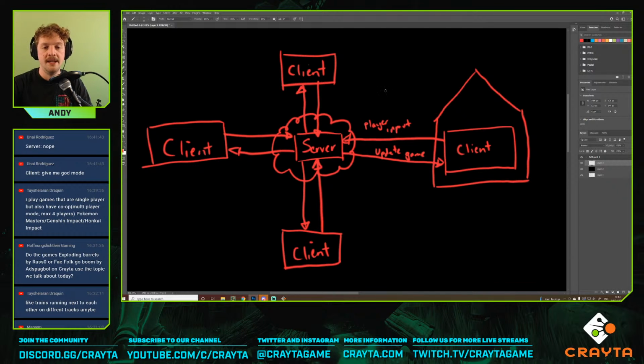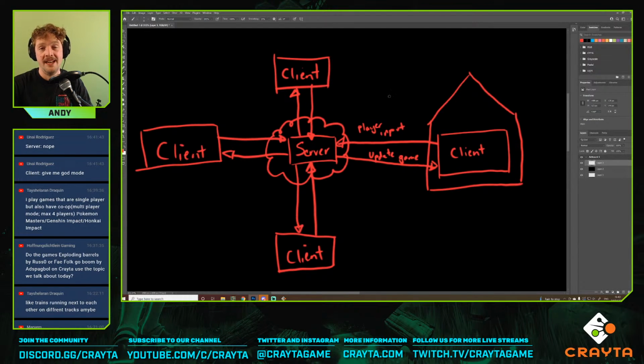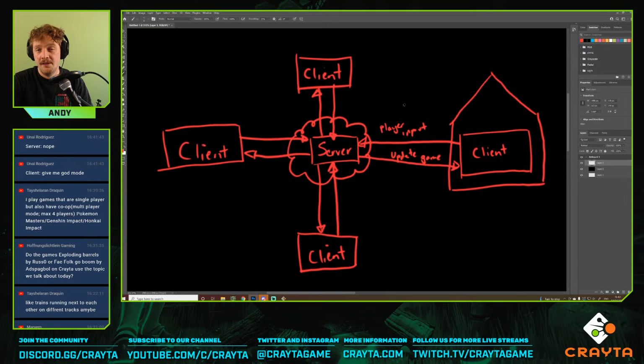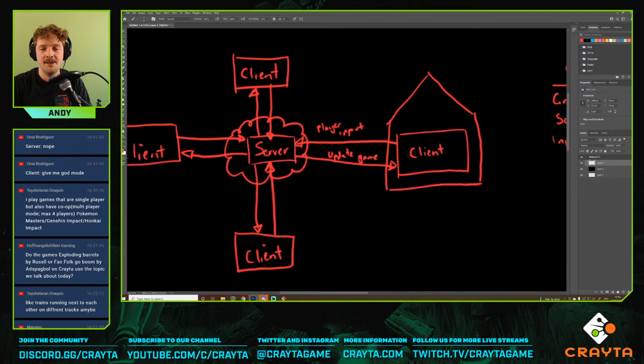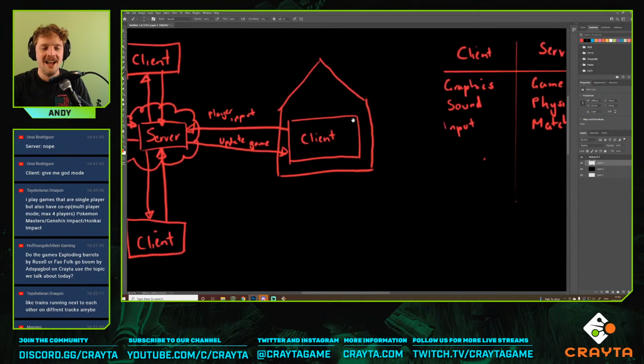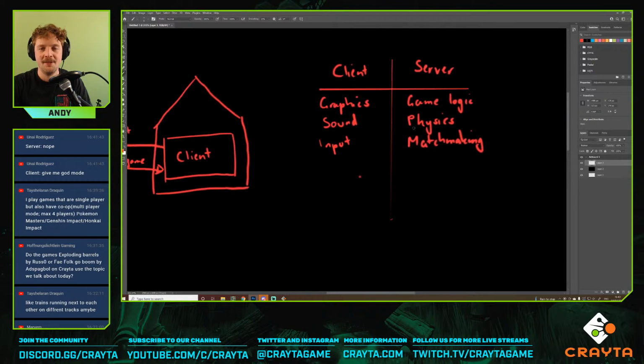Servers are really, really powerful, but they don't necessarily have GPUs, because why do they need to display graphics? They don't. But they might have loads and loads of RAM and processing power. Whereas a client will need a GPU to display fancy graphics and shadows and lighting effects, as well as a screen and so on. So they're different. You have them for different reasons.